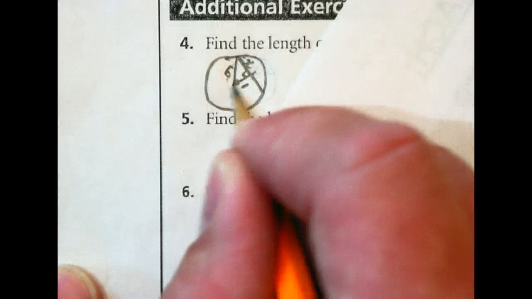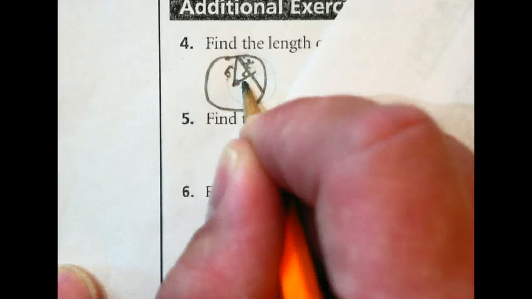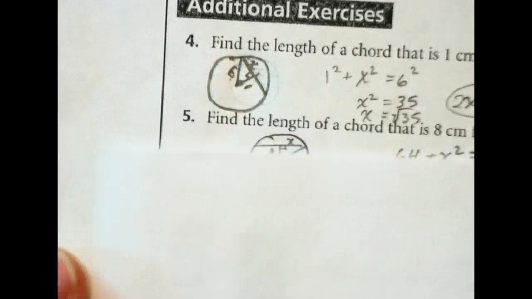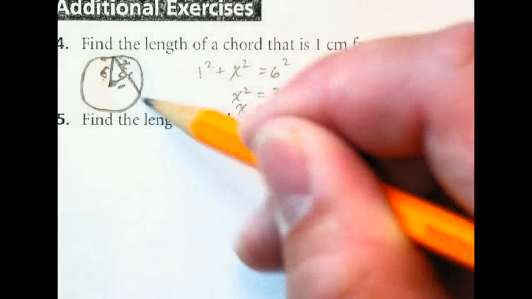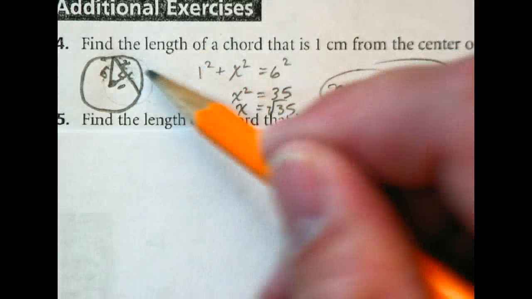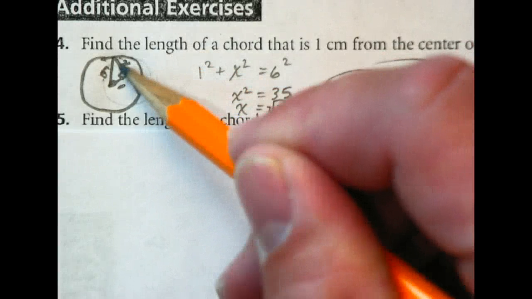So in this case, there's our work. You'll notice once we get what x is, we have to double that because we need 2 of those, from here to here. So if x is 1 root 35, you're going to need 2 of them, so it would be 2 root 35s. Did you get that?